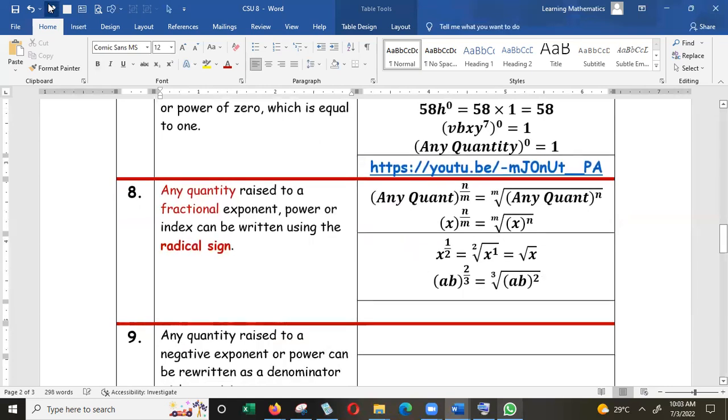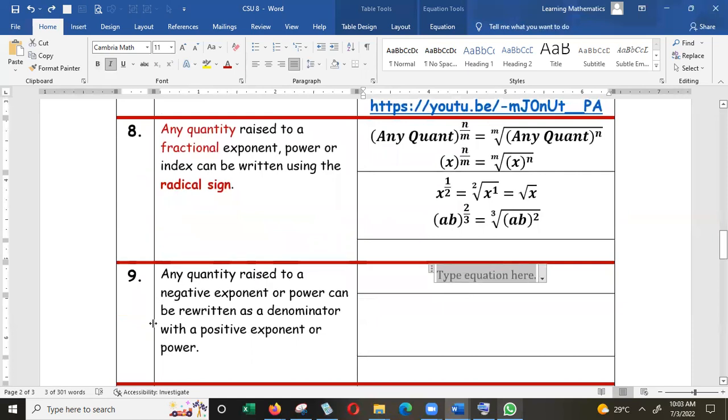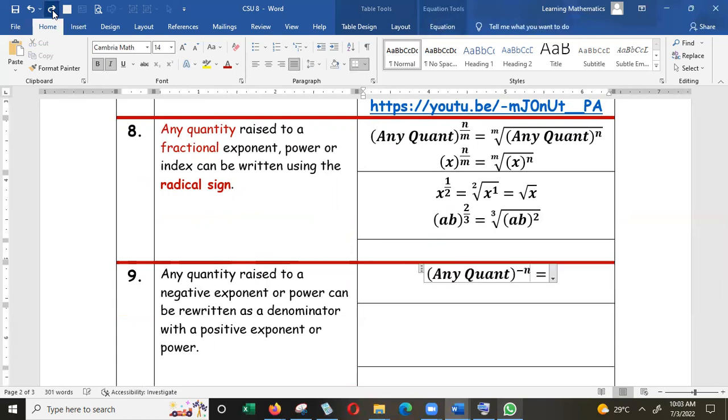Now we have another situation: any quantity raised to a negative exponent or power can be rewritten as a denominator with a positive exponent or power.